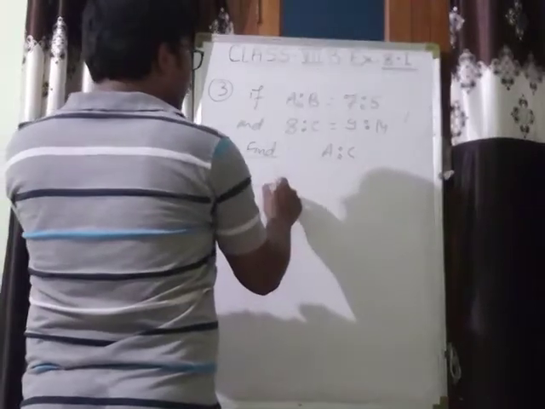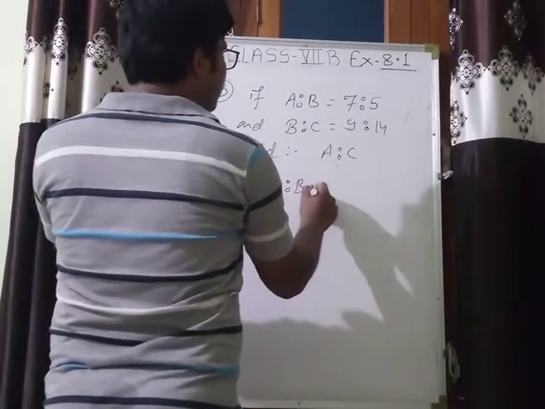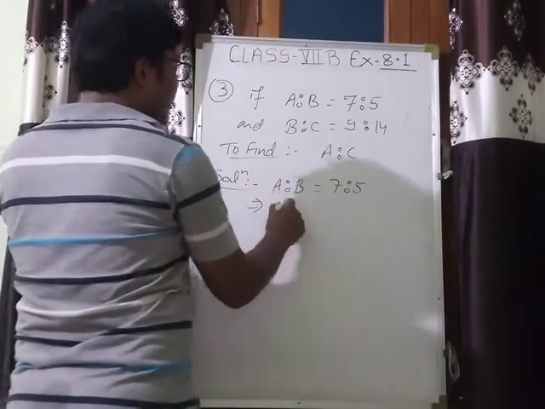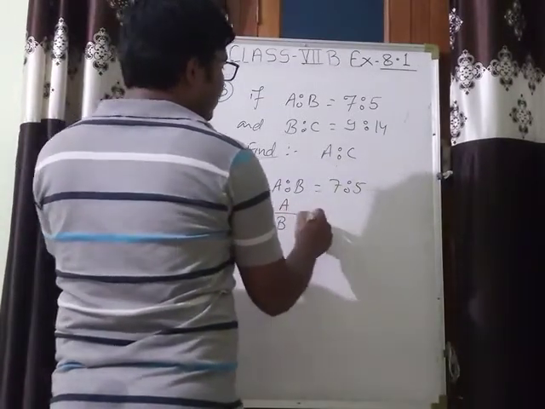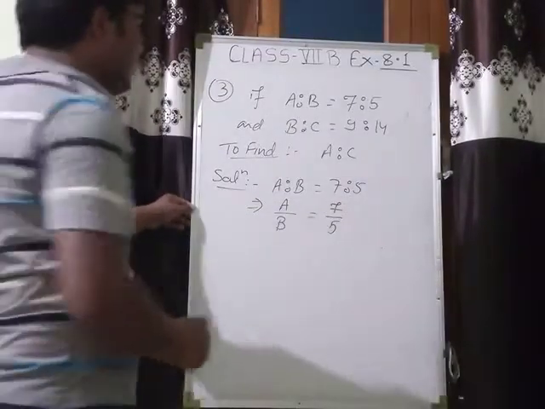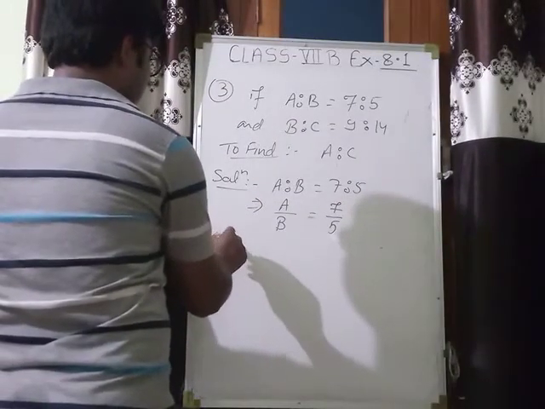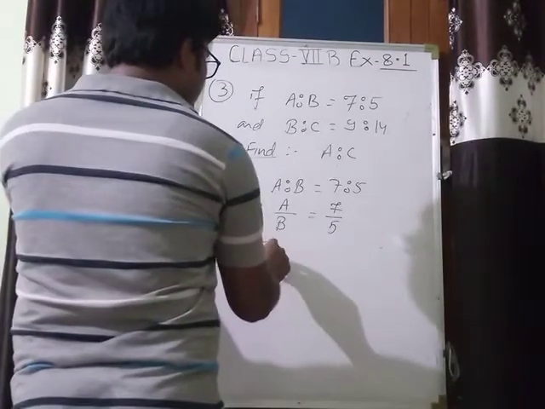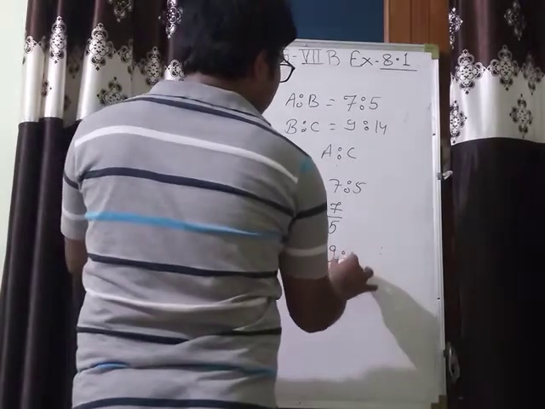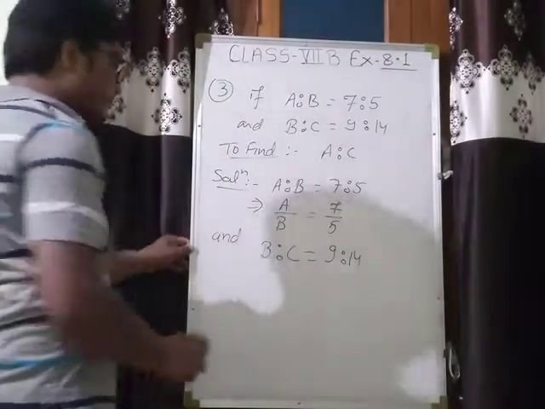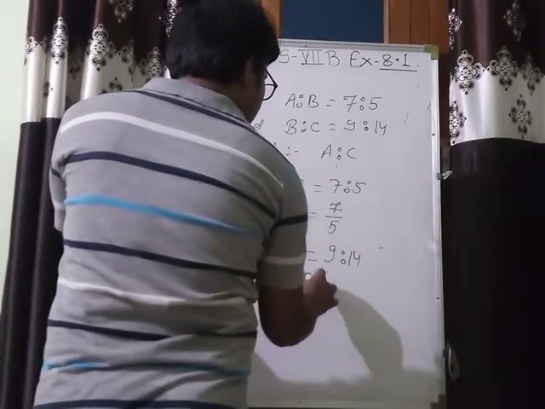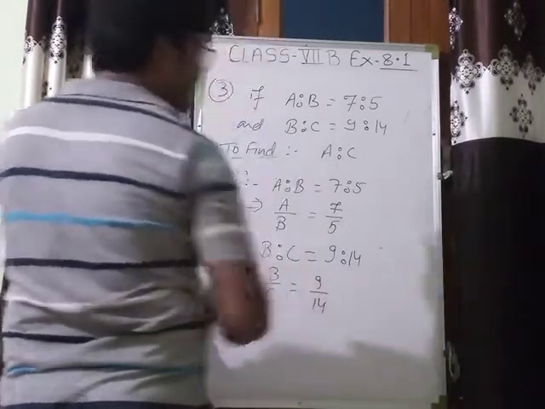What is given? A is to B is 7:5, means A upon B is 7 upon 5. And B is to C is 9:14, then B upon C is 9 upon 14.